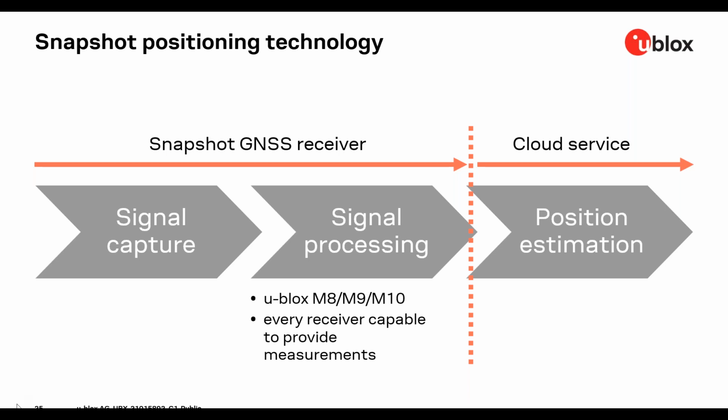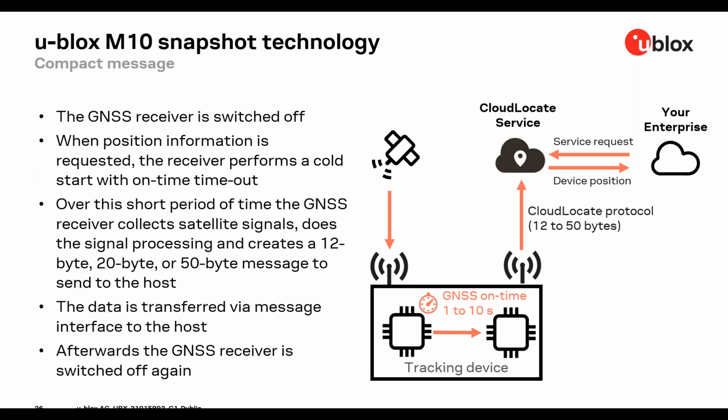So let's have a look now at the M10 Snapshot Technology. I assume that most of you know that M10 is the newest GNSS receiver that will be available in production soon. We have now some engineering samples available.